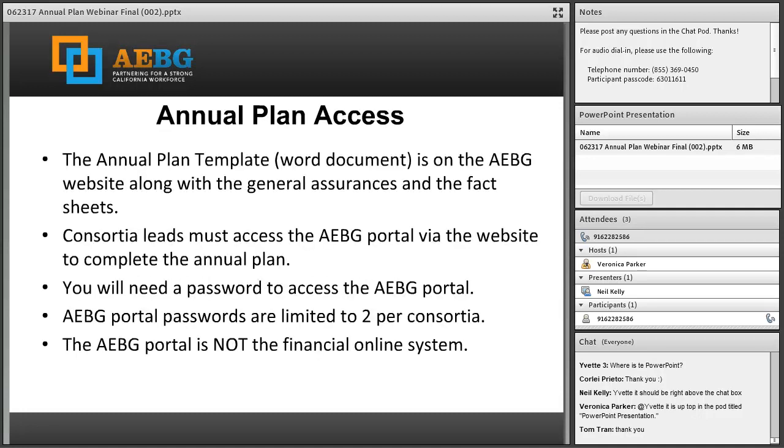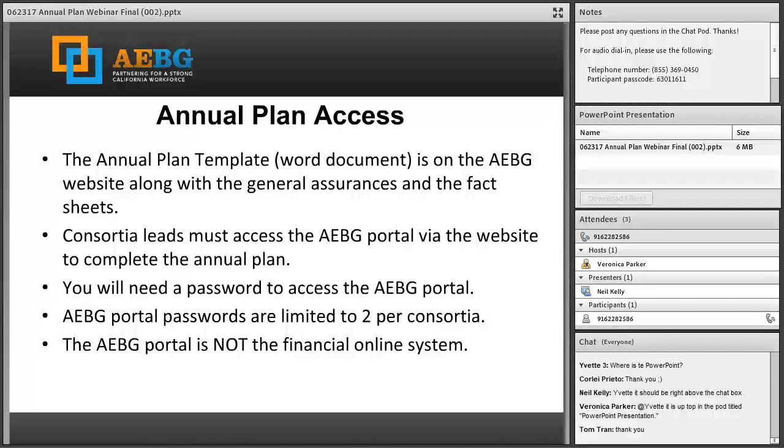Moving on. The annual plan template is on the website, like I said, along with the general assurances and the fact sheets, which are being revised. Consortia leads must access the portal via the website to complete the plan. You'll need a password to get in the portal.